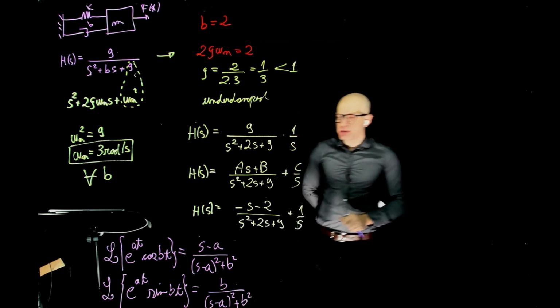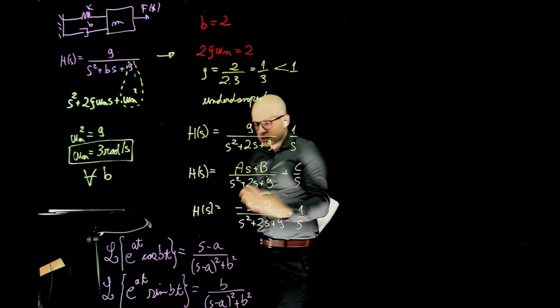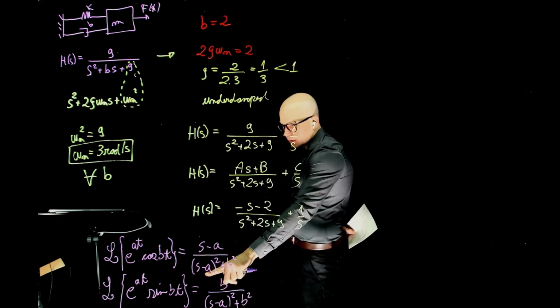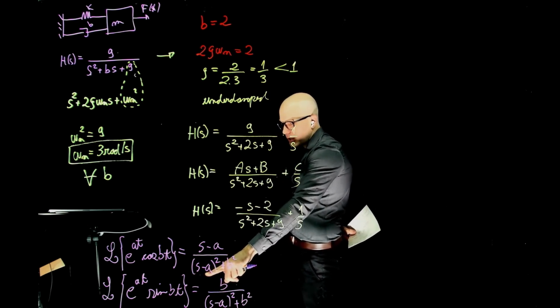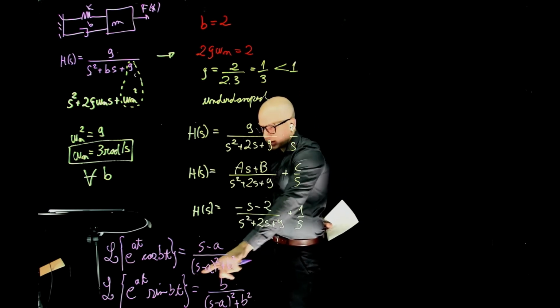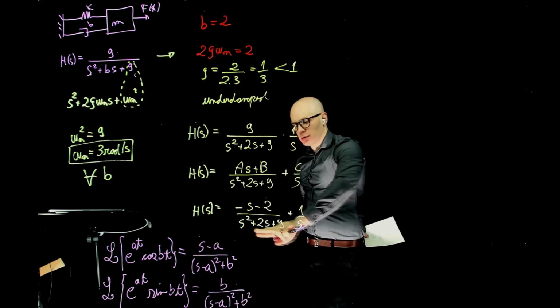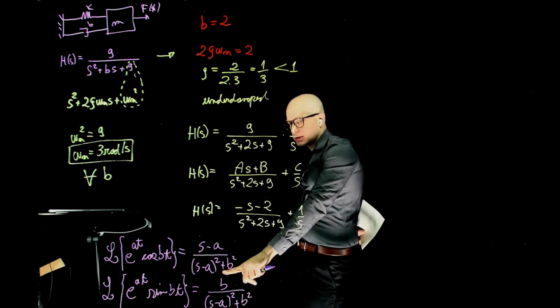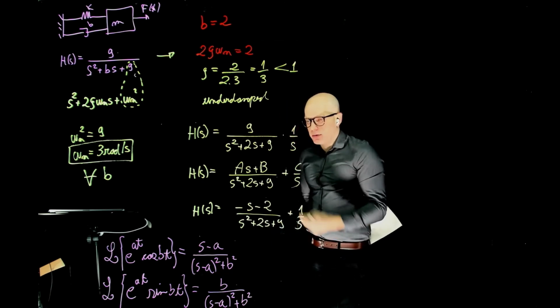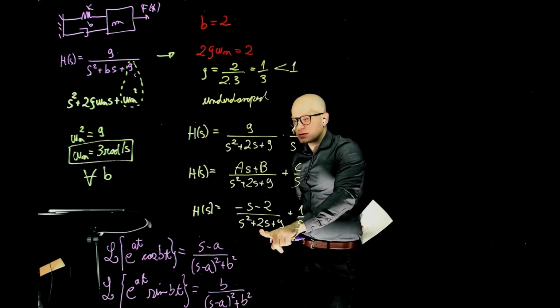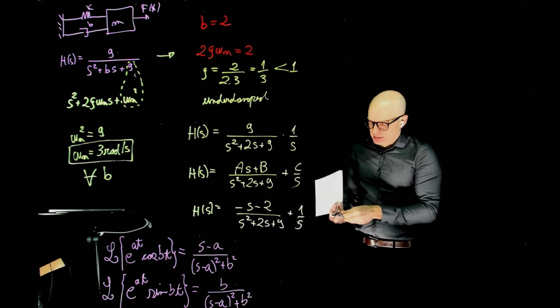When you have (s minus a) squared and you expand this, we have s squared minus 2as plus a squared. So if you want to write this expression in this format, we need to somehow end up with s squared plus 2s. So what is the value of a?